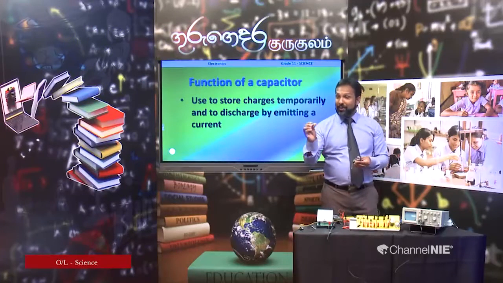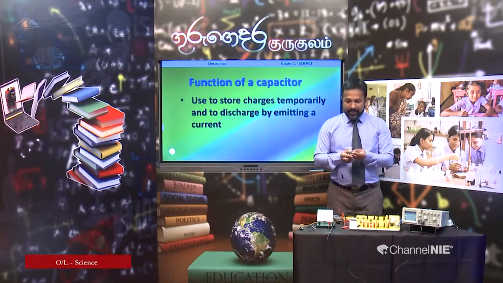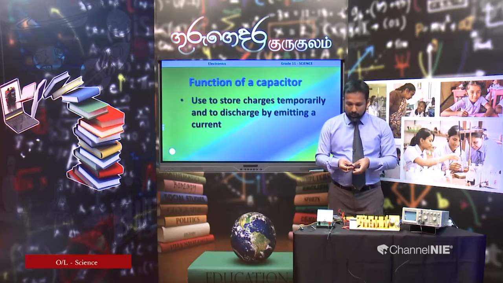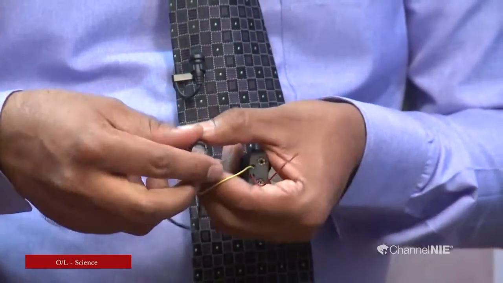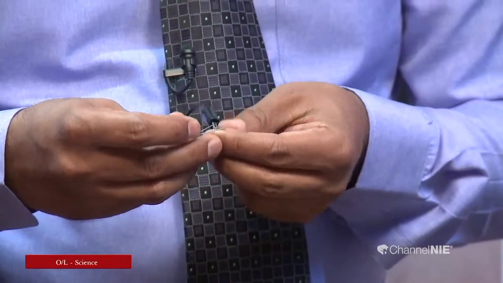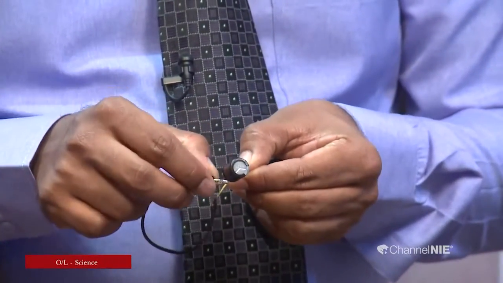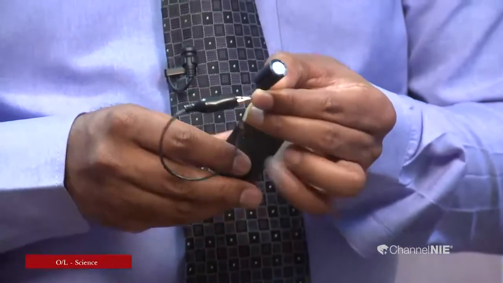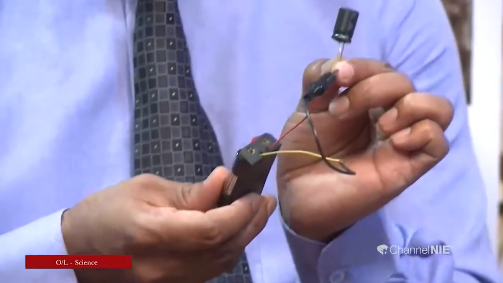I am going to do a simple activity. These are dry cells. I am going to charge the capacitor by connecting to the two terminals of the dry cell. I am charging the capacitor here.